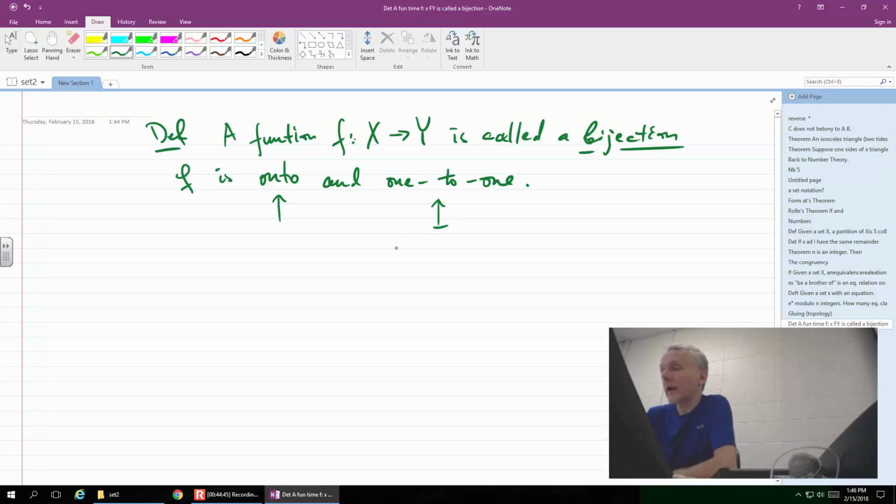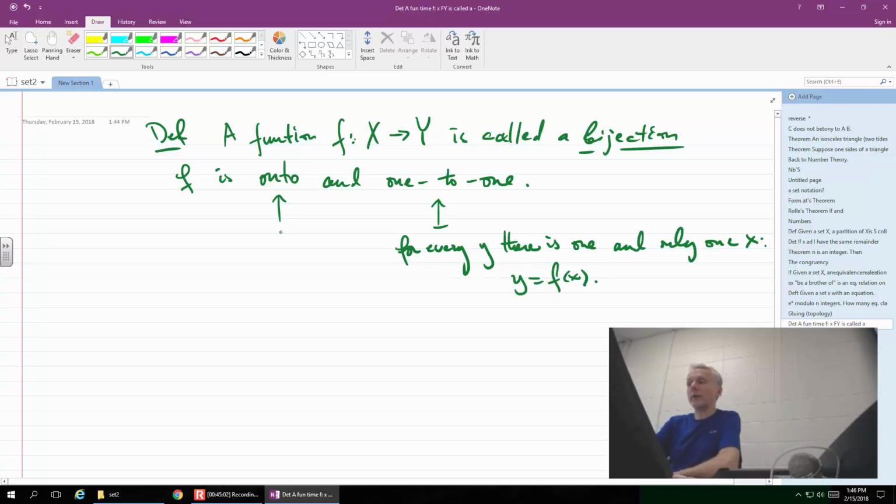But the other one: for every y there is one and only one x, so y is equal to f of x. So for every y, you can find x going backwards.